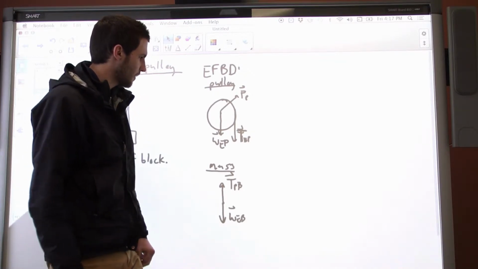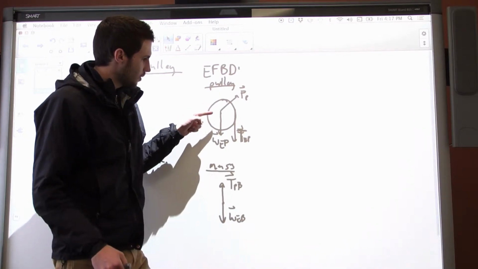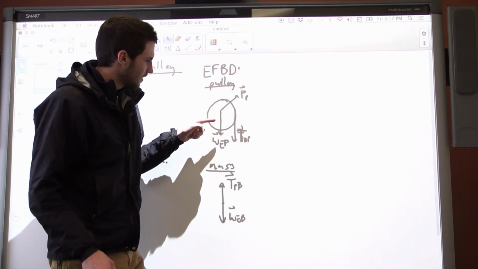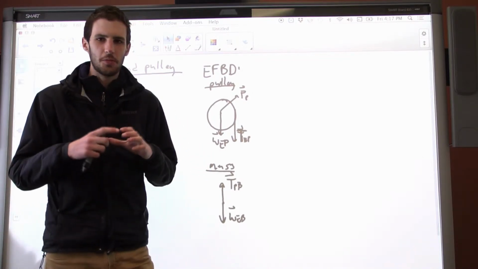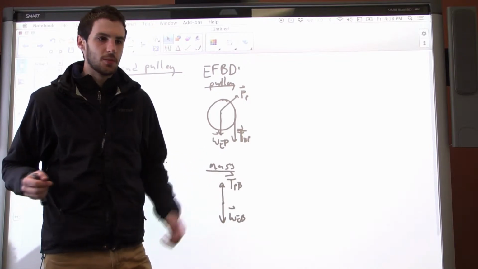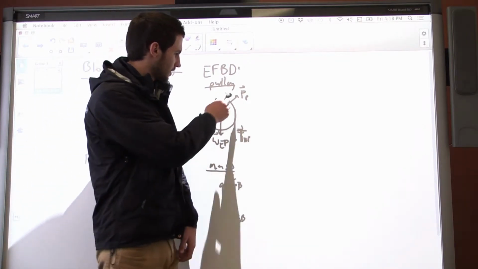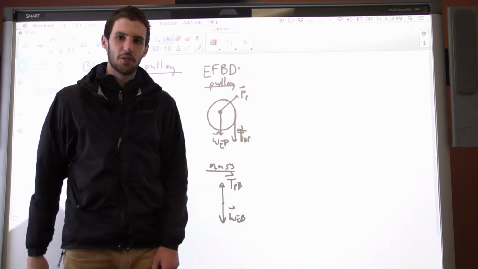So let's think about how we're going to use this. I don't want to deal with the sum of forces on the pulley, because the pulley doesn't actually move, it just spins. A more useful thing would be to talk about torques on the pulley. And since I don't want to deal with this pin force or this weight force, I'm going to put an axis right here at the center of the pulley.